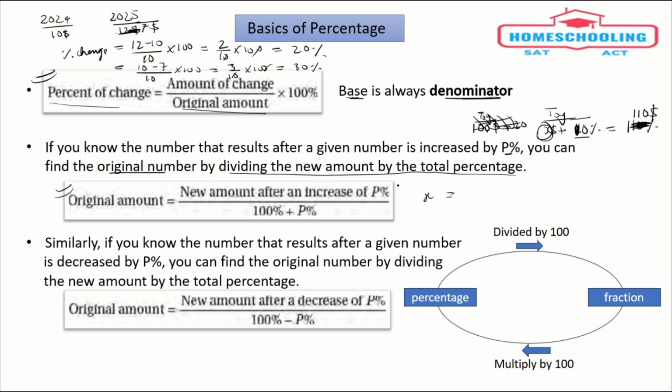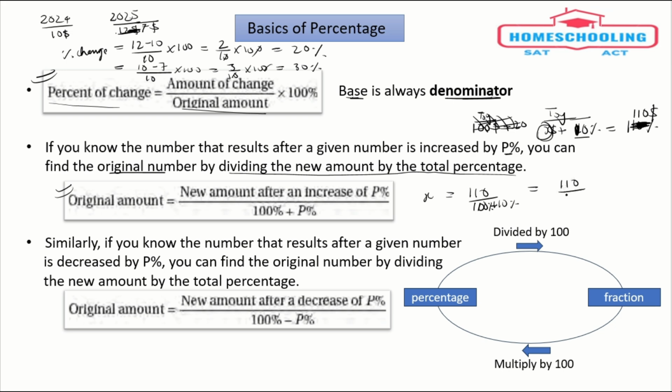So the new amount after adding tax, an increase of p%, is $110 divided by 100 plus p%, and the tax that was added was 10%. So 100% and 10%.